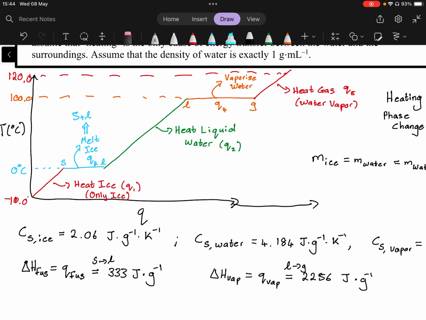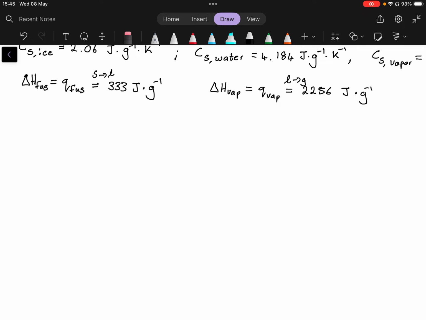So Q1, Q2, Q3, Q4, and Q5. So now we just basically grind through the process. So Q1, which is for heating the ice. And we know heating requires mc delta T. So this is the mass of the ice multiplied by the specific heat capacity of the ice times the temperature change of the ice. This one is 72.0 gram.